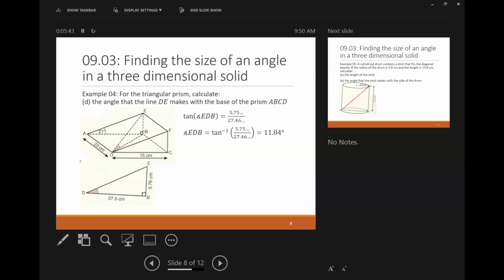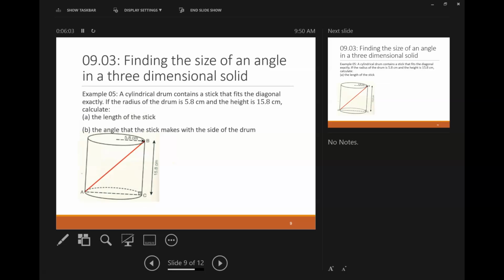So I say that tangent inverse is equal to EB over BD, which was 11.8-ish degrees. So again, is this really any harder than what we just got done doing? No, it's really like the same as the last section, right?